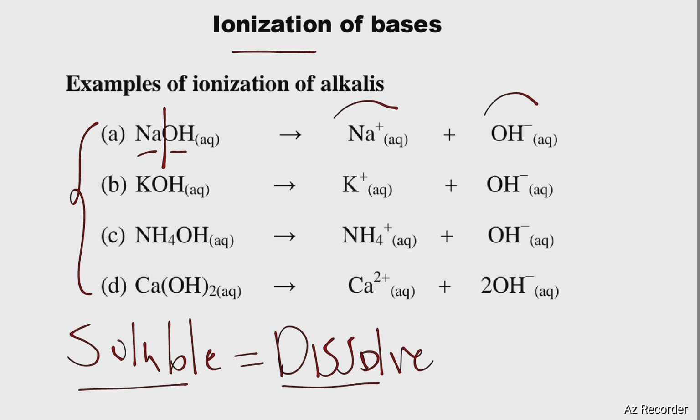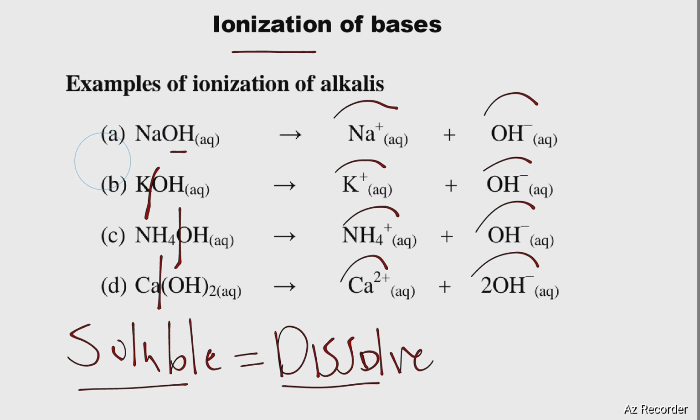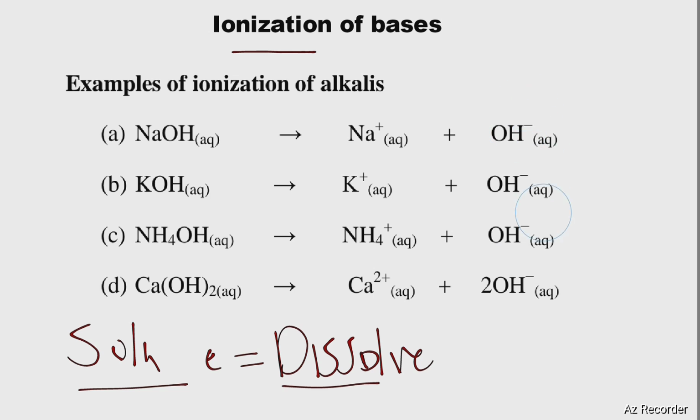Also when this ionizes, it will split the metal alone and the hydroxide alone. Also here this will split the ammonium ion and the hydroxide ion. The same thing here, this will split your calcium and the hydroxide ion. So we call this what? Ionization. Remember, even acids also underwent what we call ionization.